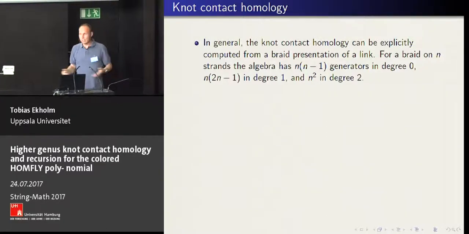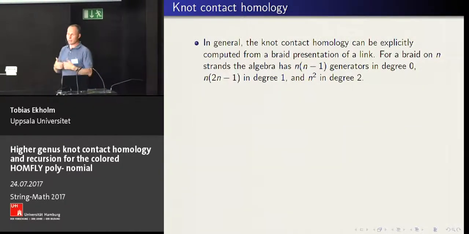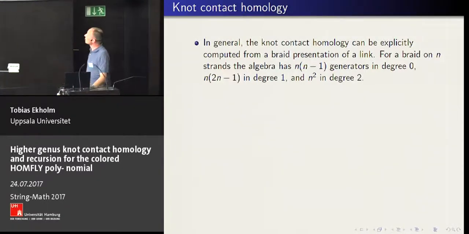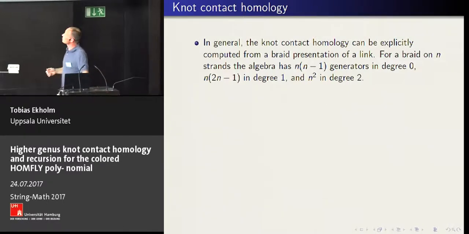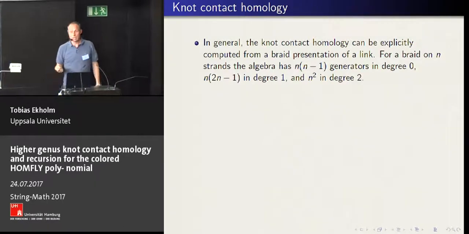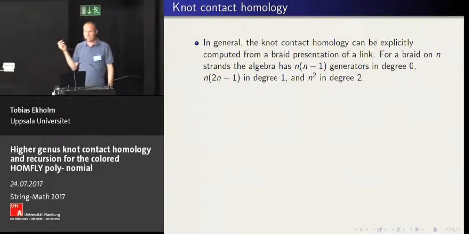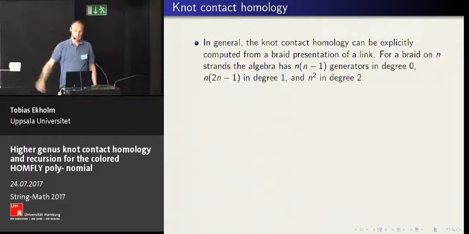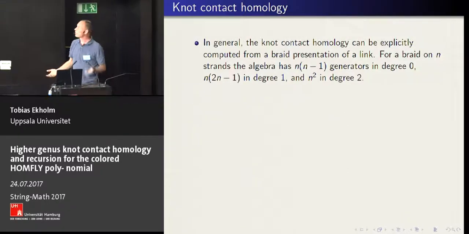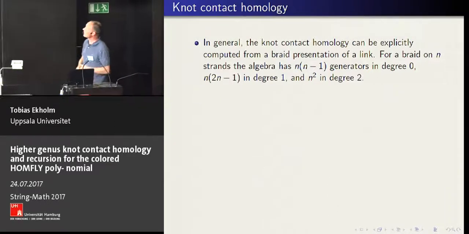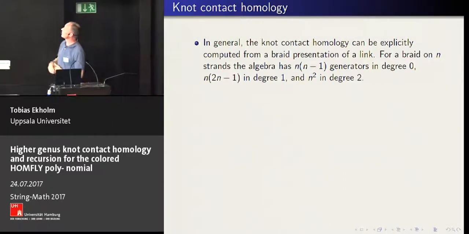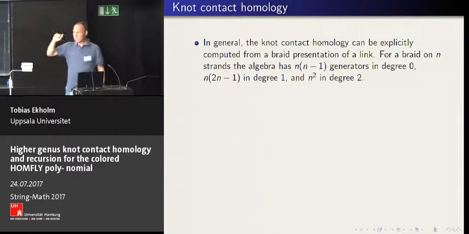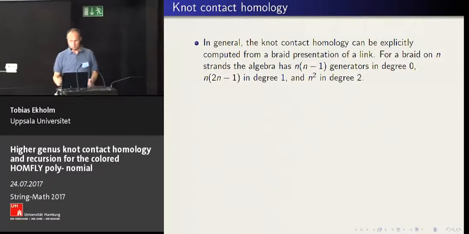So that's great, but the question is, can we actually compute this knot invariant, and in what way? It turns out that in this case you can do it. It maybe takes a lot of work, and it's usually difficult to compute Floer homology, but here you can, and the result is that if you present your knot as a braid, then you can present the algebra with basically n squared generators in degree 0 and 2n squared in degree 1, and the differential is given by an explicit expression in terms of the braid.